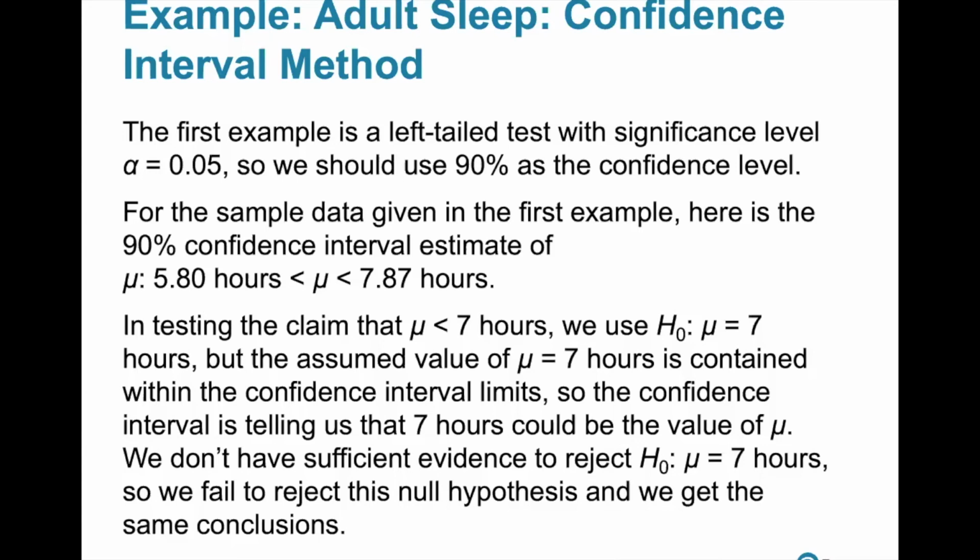Because that interval includes the number 7, that is not strong evidence that the population mean is not 7. Most of the time, I use either the p-value approach or the critical value approach. I don't usually use the confidence interval approach, although this is good practice for confidence intervals.